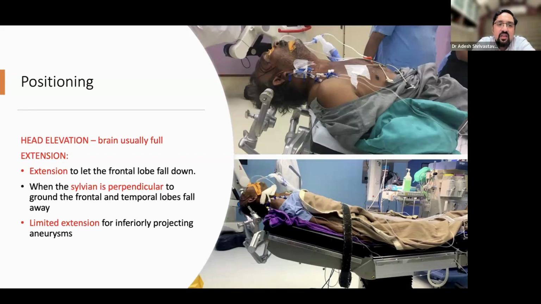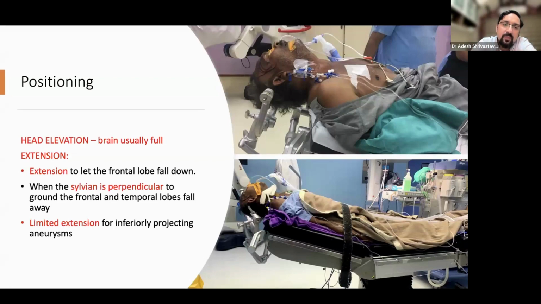Next comes the positioning of the neck, that is the extension and rotation. The idea is, because the final clipping of the aneurysm or the dissection of the dome will happen through a subfrontal corridor, you want the frontal lobe to fall off from the skull base. Try to minimize the use of retractors for that.